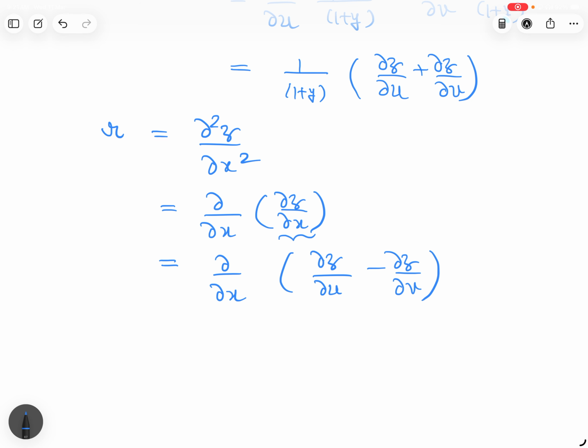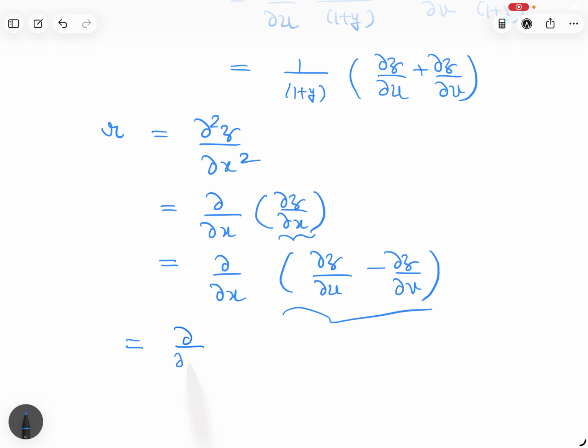Again, using the formula, you write a similar formula: partial derivative of this with respect to u into del u upon del x plus partial derivative of this with respect to v into del v upon del x. You consider it a single thing. So what will be the formula for this?